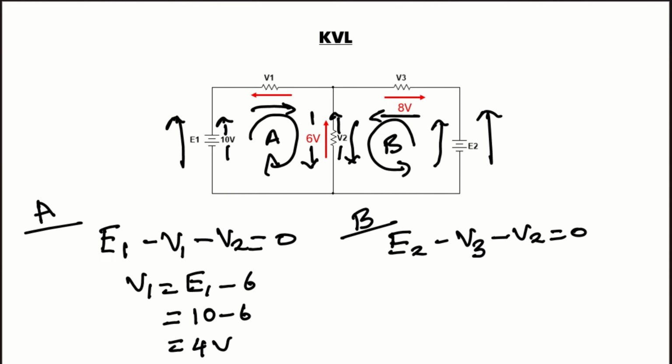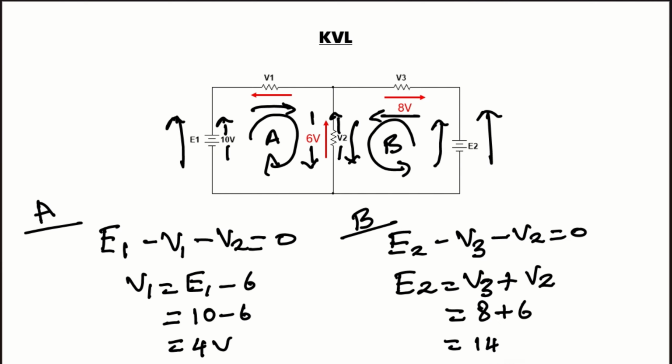From here E2 will be V3 plus V2. V3 is 8 plus V2 is 6, so E2 will be 14 volts.